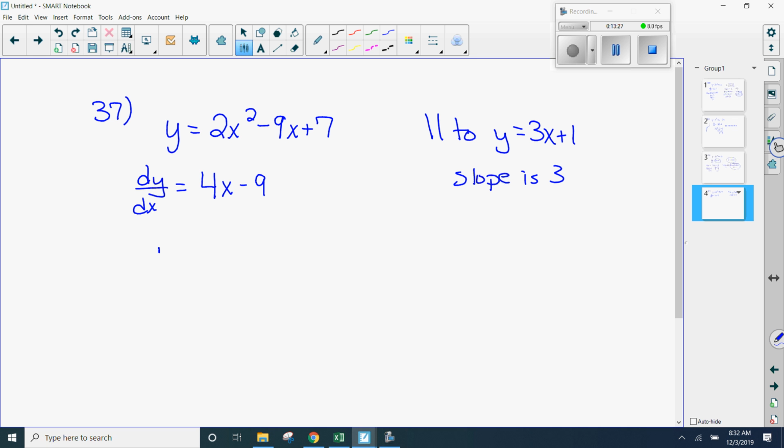You set that equal to 3. So you get 4x is equal to 12, so x is equal to 3. So at what point x equals 3?